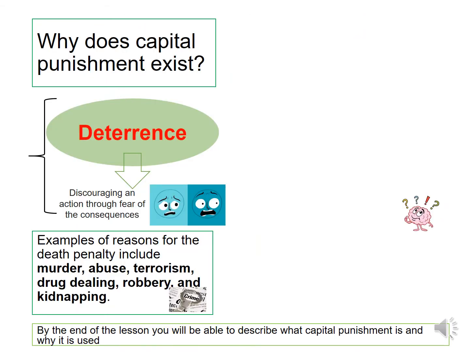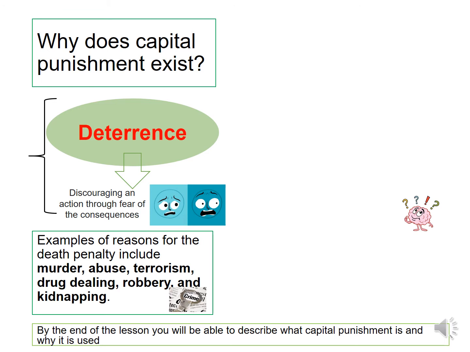So you might be thinking, why does capital punishment exist? Why is it legal for the government to take someone's life if they've committed a crime? Well, the reason for that is something called deterrence. Deterrence means to discourage an action through the fear of consequences.